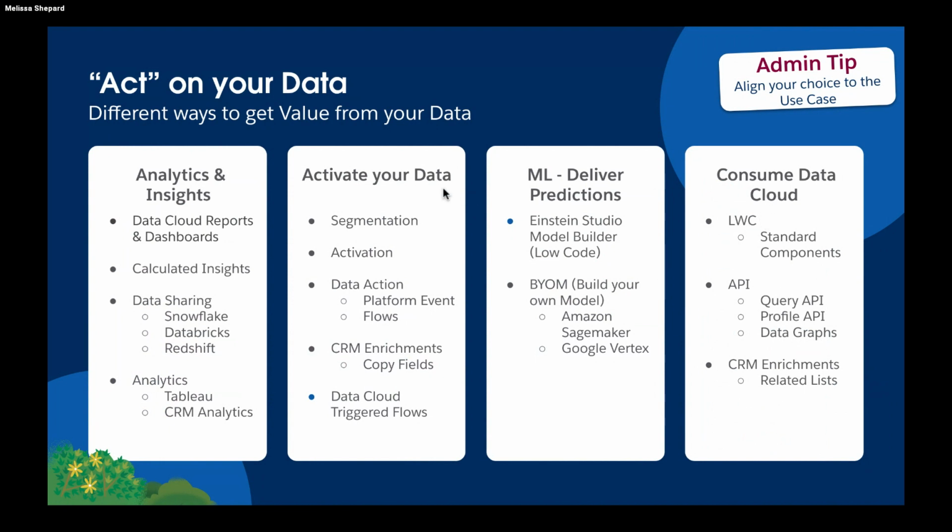Then you can also activate your data. This is when you can use it in segmentation, or you might have a data action, such as a platform event or flow that you're going to run from this data action. There's also CRM enrichments. You can copy fields back into CRM, or you also can have Data Cloud triggered flows. And this is something that's new as well, which is pretty cool.